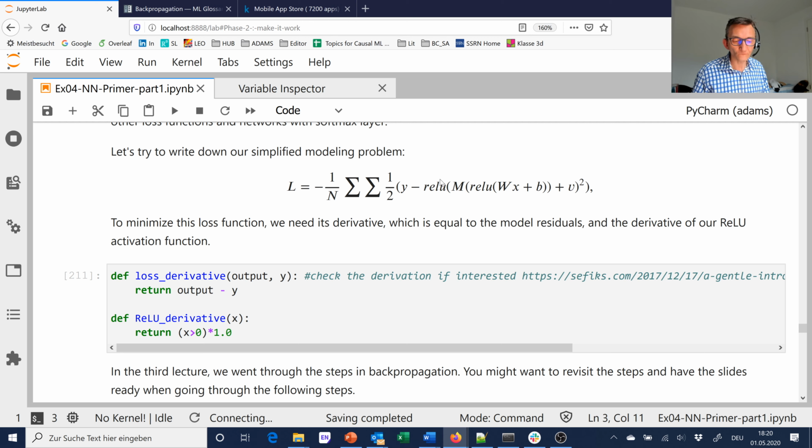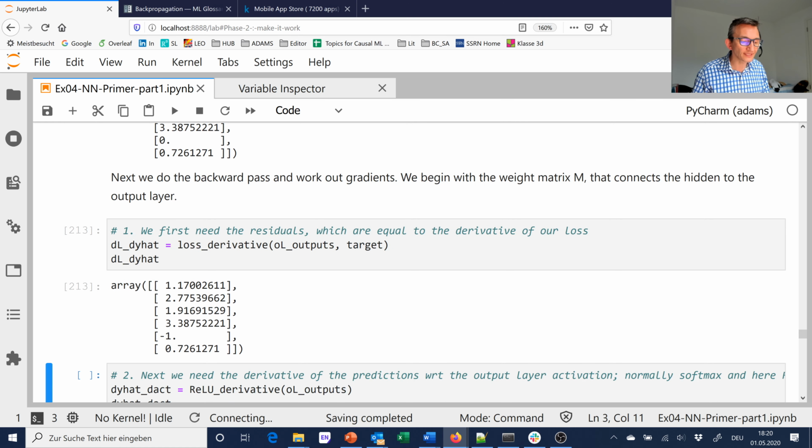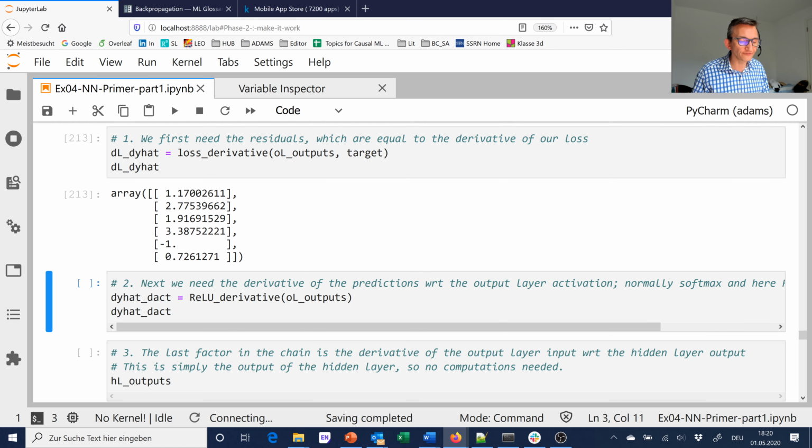The derivative of my forecast with regard to the raw output score. Because of the calculation, delta y hat by delta raw output, or output layer input, that's the derivative of the ReLU function. Fortunately, I have it ready here. So the next bit I'm calculating is the derivative of my ReLU with regard to the, sorry, that's not right, output layer inputs.